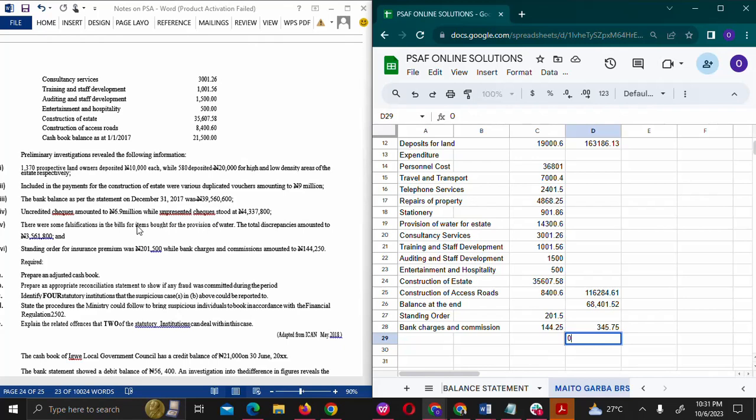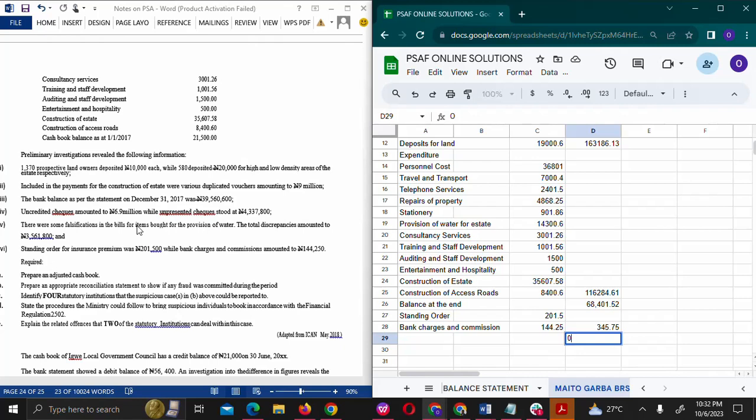So what about uncredited checks now? Uncredited checks are in the cash book already, but they are not reflecting in your bank statement. Do you understand? And unpresented checks too, they are already captured in your cash book, but they are not reflecting in your bank statement.